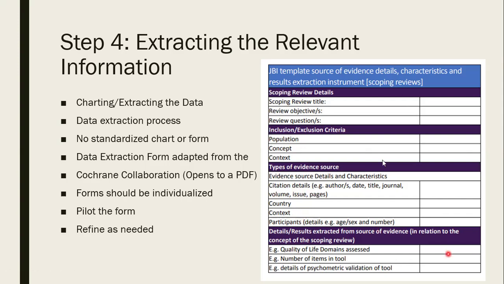The detailed results extracted from the source of evidence include the quality of life domain assessed, number of items in the tool, and details of psychometric validation of the tool. You can modify this according to your research.